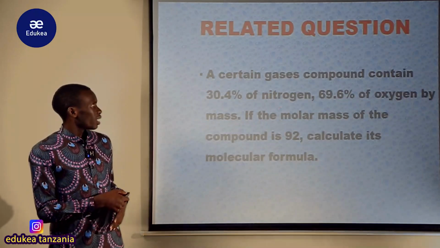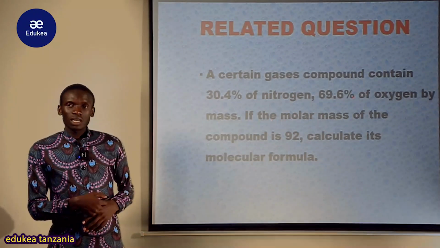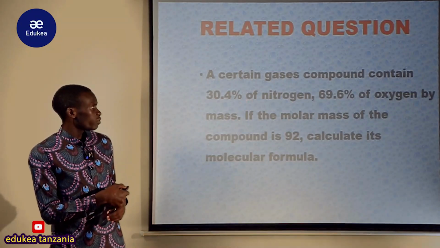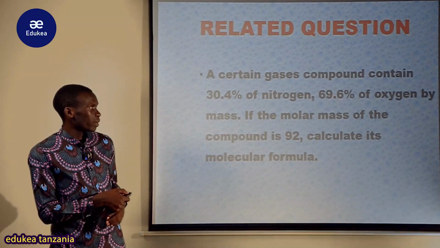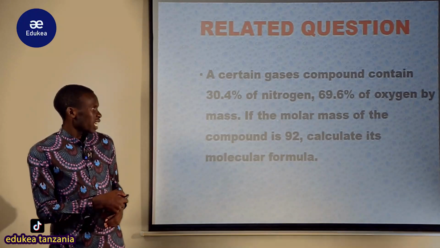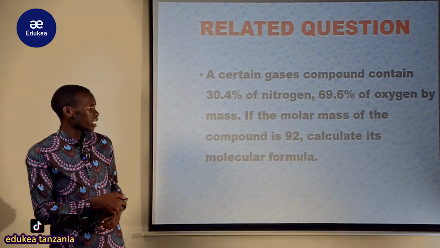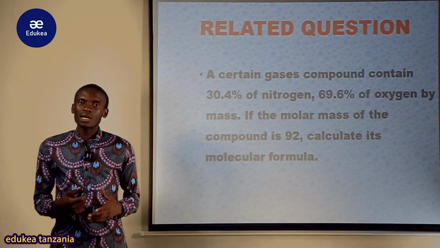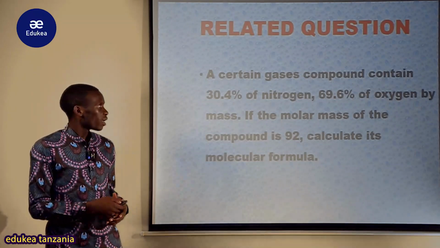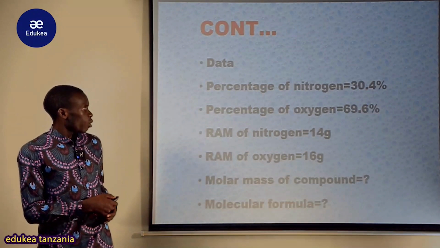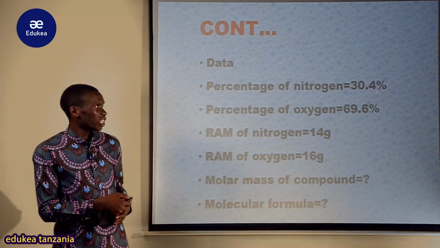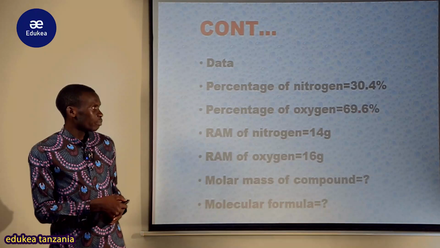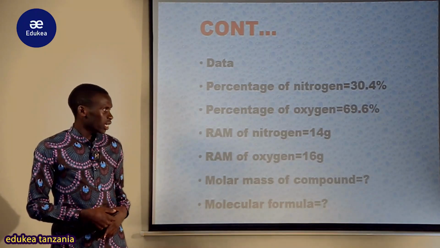After then, another question that he can relate is this. A certain gas compound contains 30.4% of nitrogen and 69.6% of oxygen by mass. If the molar mass of the compound is 92, calculate its molecular formula. If you are given a question like this, how will you do it? The percentage mass of nitrogen is 30.4% and the percentage of oxygen is 69.6%.